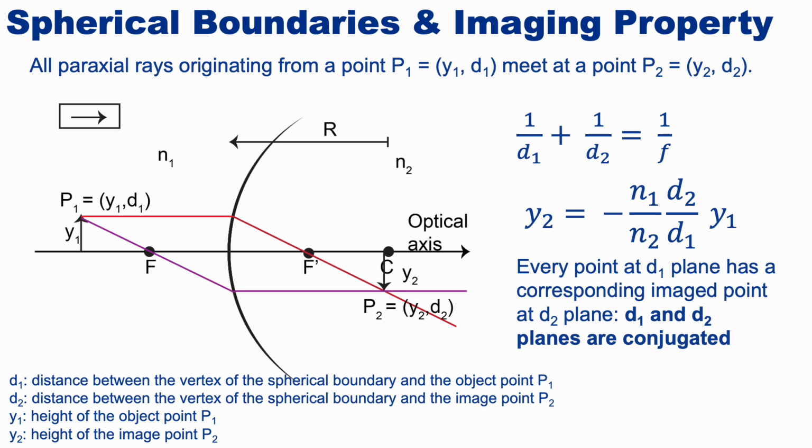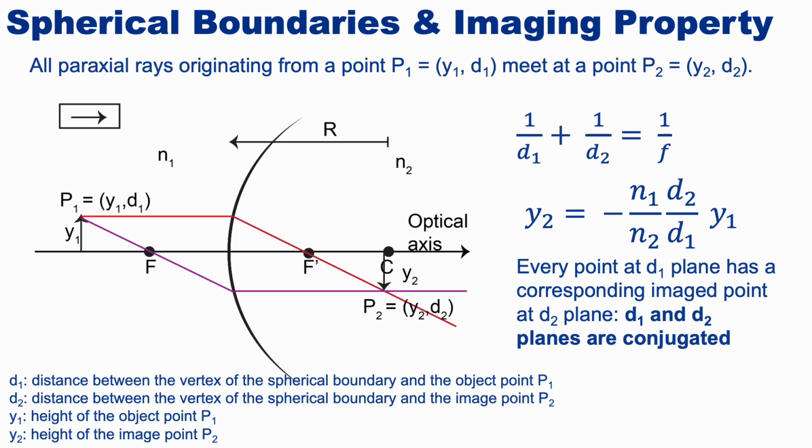So we can solve it mathematically. The image equation is exactly the same as the one from the mirrors, where 1 over the distance of the object point plus 1 over the distance of the image point is equal to the inverse of the focal length.